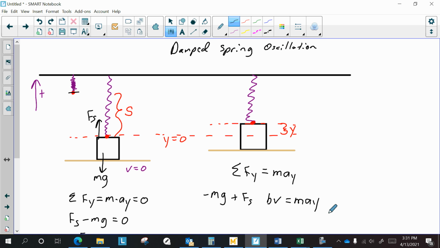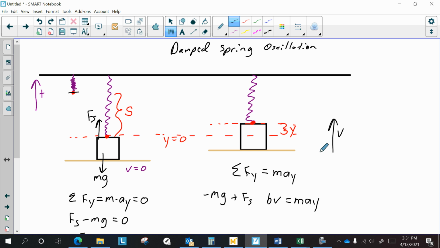So now the question is, which direction is the damping force? If we're calling up to be positive, if it's moving in that direction, if we have a positive velocity, then the air is going to be pushing downward. The damping force resists the direction that it's moving in.